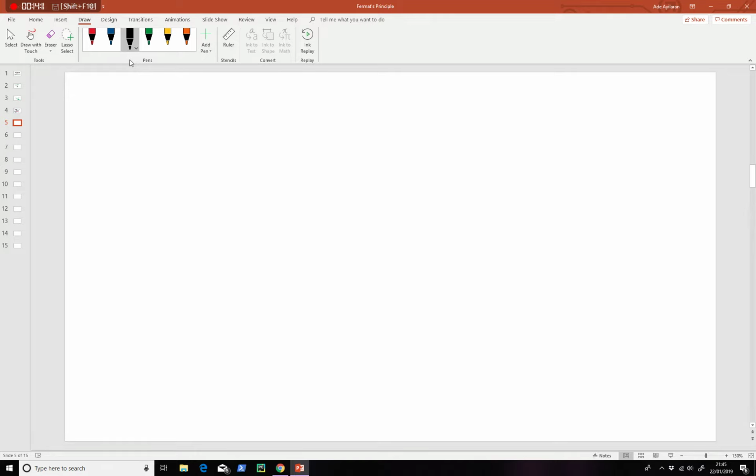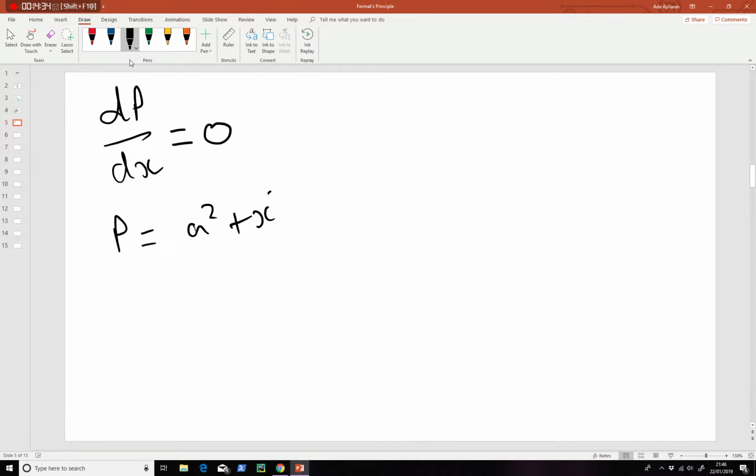So right now we have our rate of change, the change in P over the change in X, and we want to set it to 0, but P itself equals the root of A squared plus X squared, plus the root of L minus X all squared plus B squared.